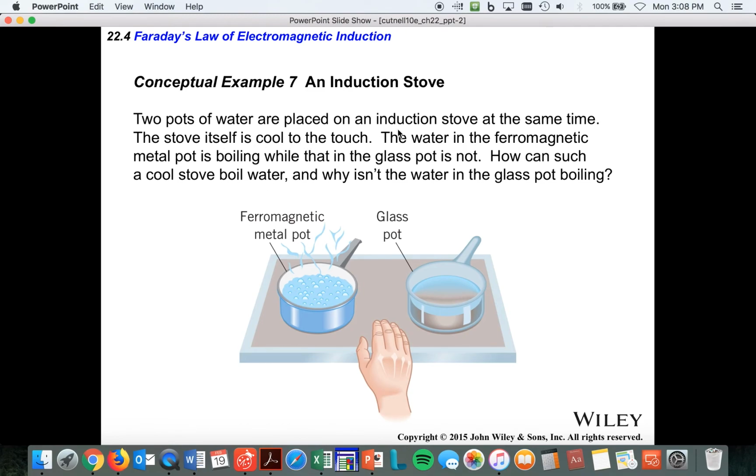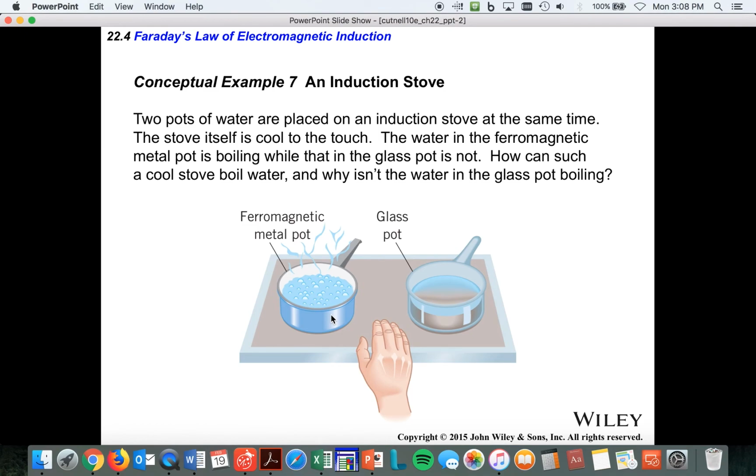Two pots are placed on an induction stove at the same time. The stove itself is cool to touch. The water in the ferromagnetic pot is boiling because it's creating a resistance. Conducting surface, ferromagnetic material.